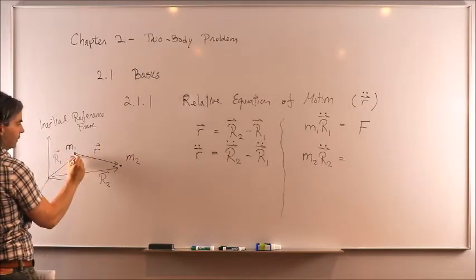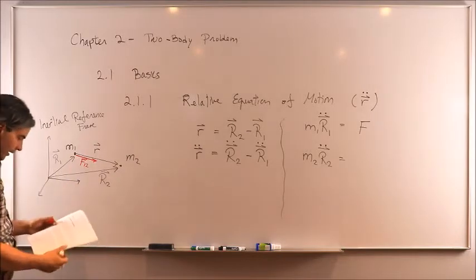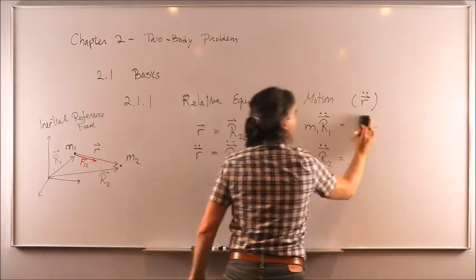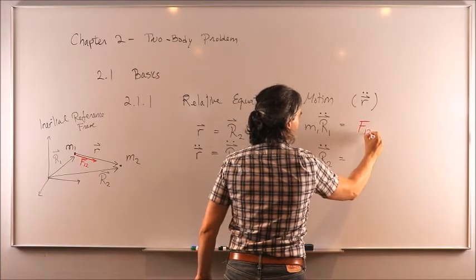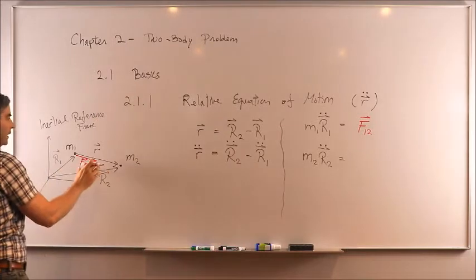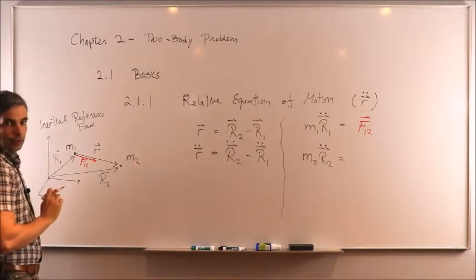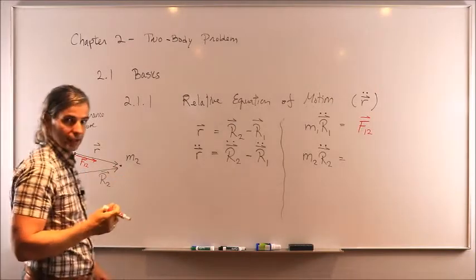Okay? So this is F12 vector, like that. I'm going to write it in red. F12. Again, this is the attracting force applied to M1, but caused by M2. So this is that force that causes M1 to be accelerated.